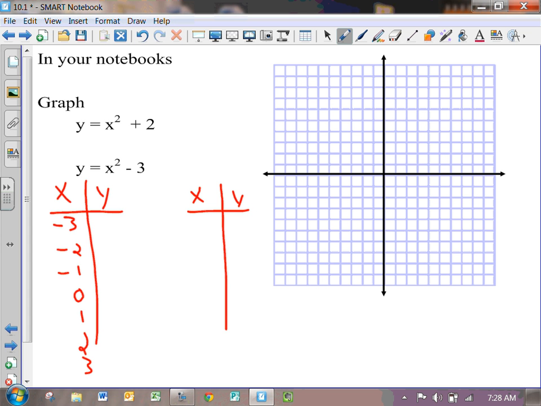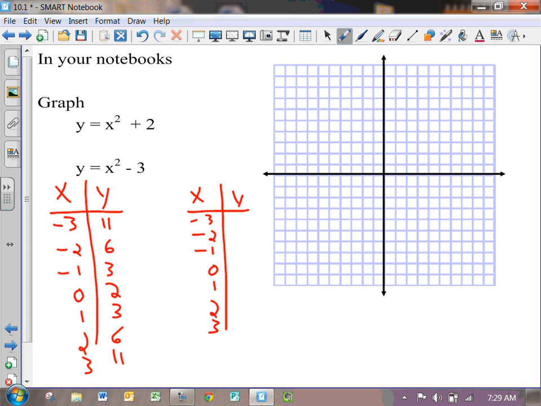Negative 3 is going to be 11. Negative 2 is going to be 6. Negative 1 is going to be 3. 0 will be 2. And then it'll repeat over again. So 1 will be 3, 2 will be 6, 3 will be 11. On the other side, negative 3, negative 2, negative 1, 0, 1, 2, and 3.